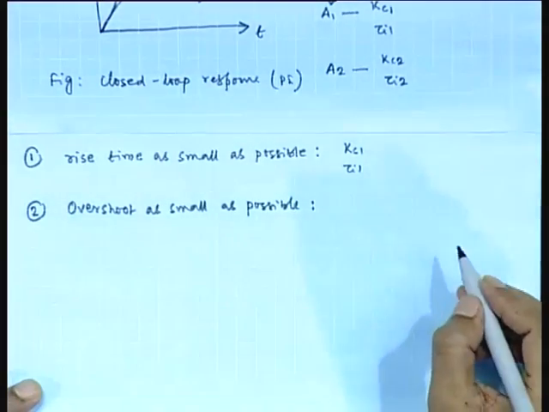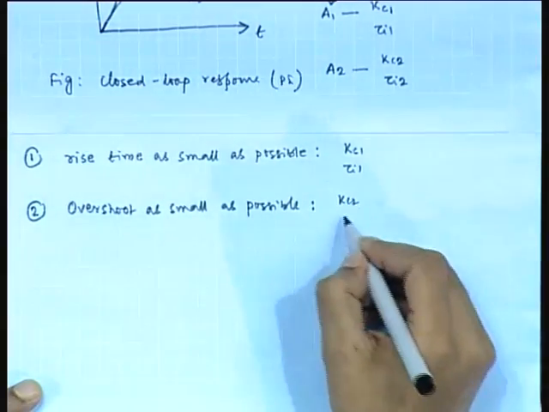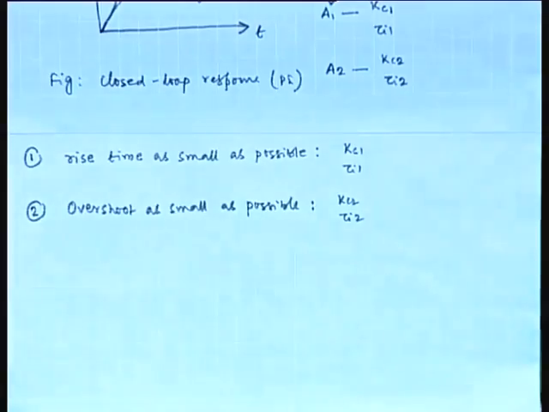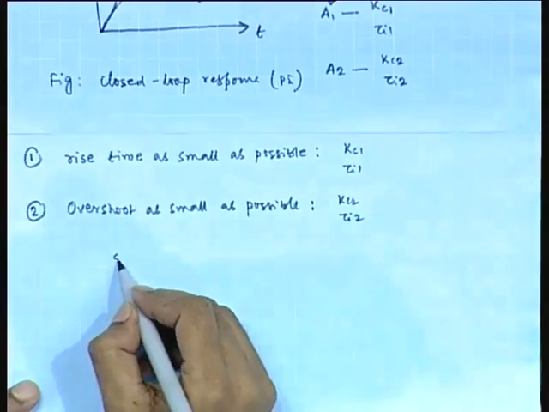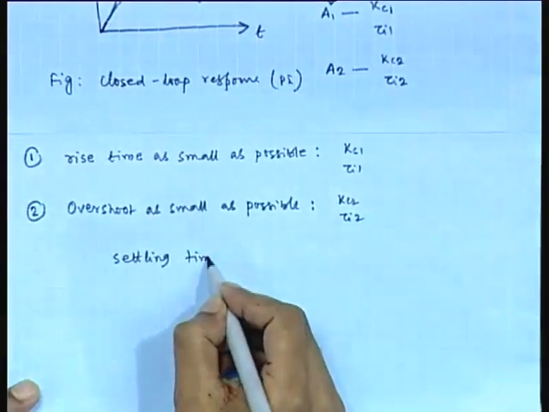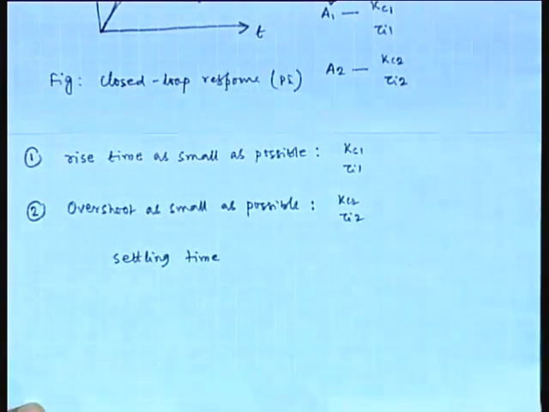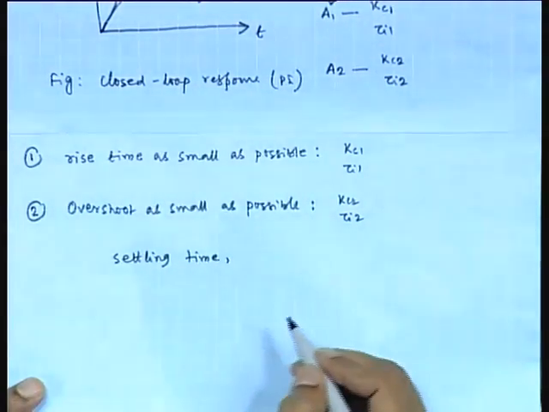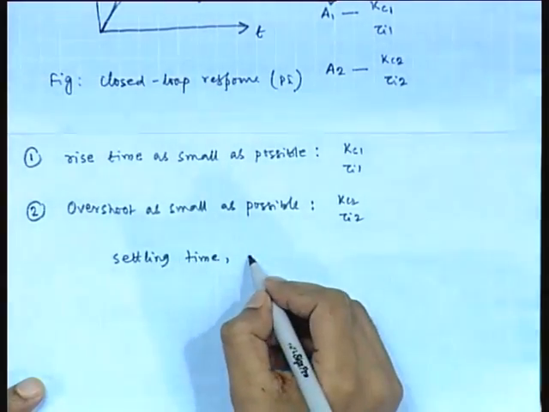Second tuning set, I mean Kc2 and tau I2. Agree? Like this, there are different characteristic features. Like rise time, overshoot, there are few more characteristic features. They are like settling time should be as small as possible. Another characteristic feature is decay ratio.